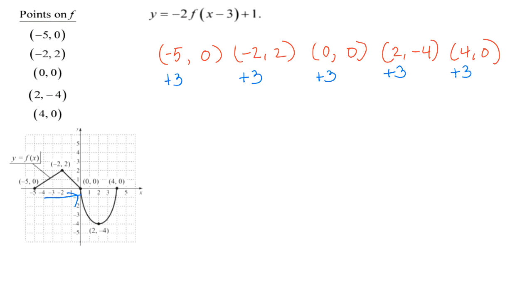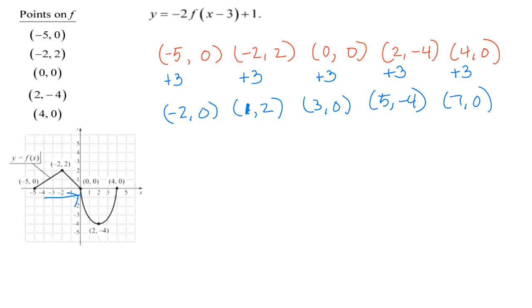So when I do that, now I have -2, 0, 1, 1, 2, 3, 0, 5, and 7.